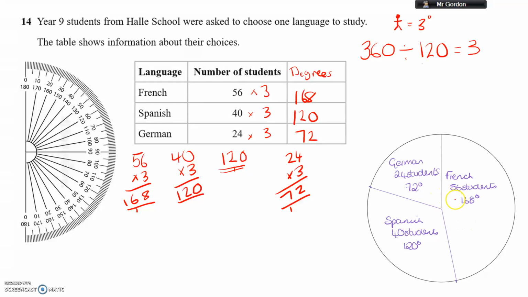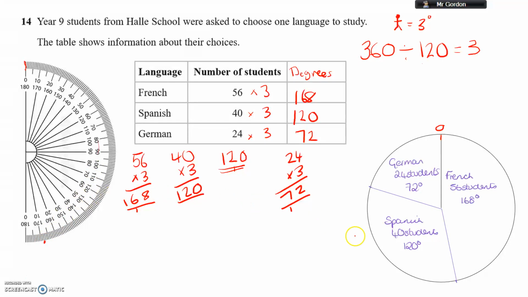So, if you don't know how to draw the pie chart, you need a protractor. And you'd be measuring, so you put your 0 here, and rest your protractor on the 0 line. So you'd line up the red lines, if you like. I'm making the red marks. And you'd measure on the outside, because you start at 0, measure round to 168 and put a mark there.